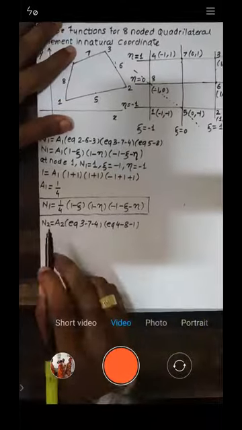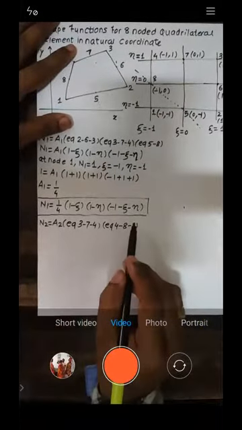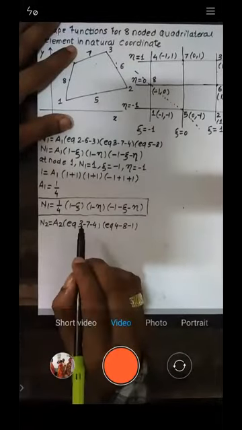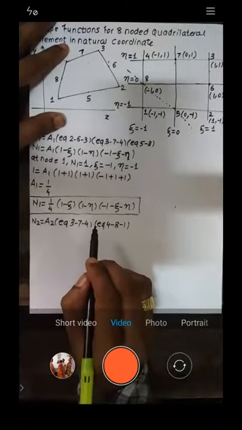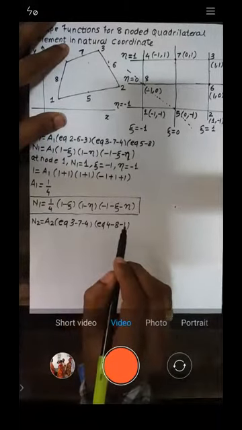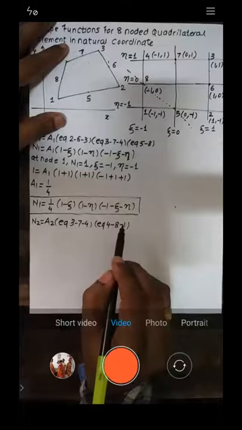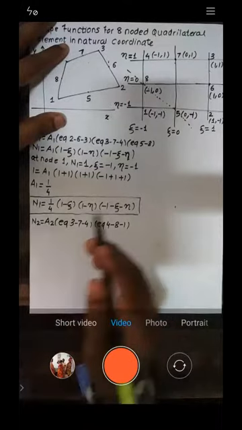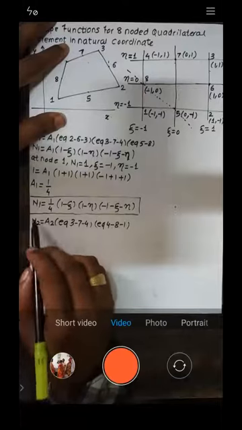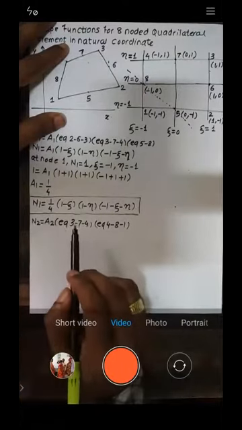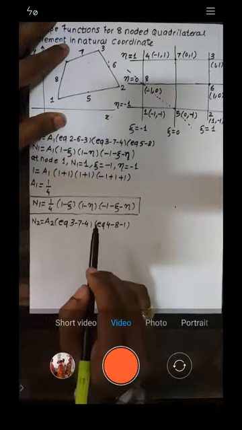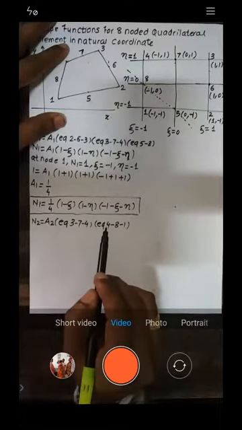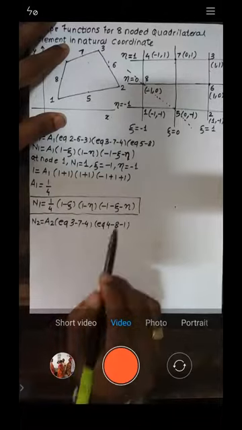But if you can see, node number 1 is covered, right? Node number 2 is not covered, obviously, because you are adding the shape function for node 2 only. 3 is covered, 4 is covered, 5 is not covered, 6 is not covered, 7 and 8 are covered.